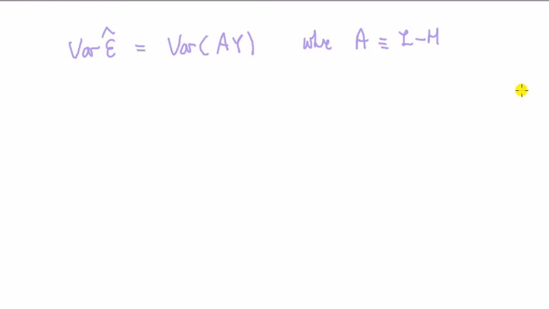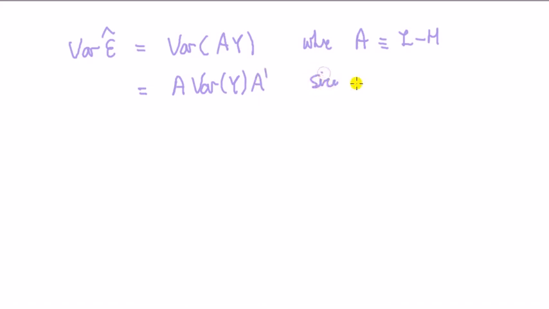Now using the result of matrix algebra, since A here is something that's constant minus h, and h is a function of the x's, which we said right at the beginning we're assuming fixed, so in other words same as constant. Using that result, this is a separate proof but it's one of these basic results, so I'll just write it down.